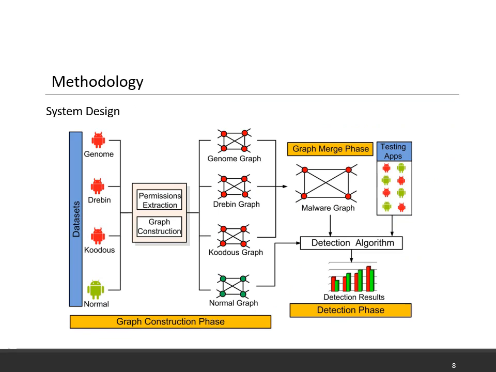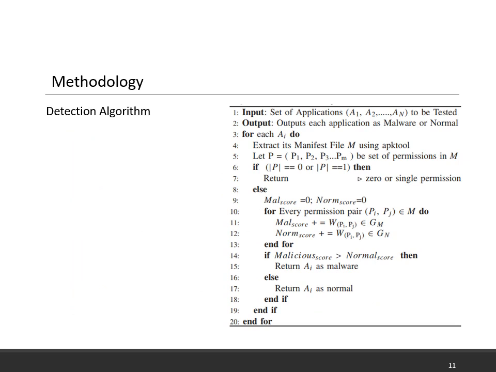Then we compare these two graphs with the normal graph or malicious graph by checking the weights. If the malicious score for this test app is more than the normal score, then we conclude that this is malware.